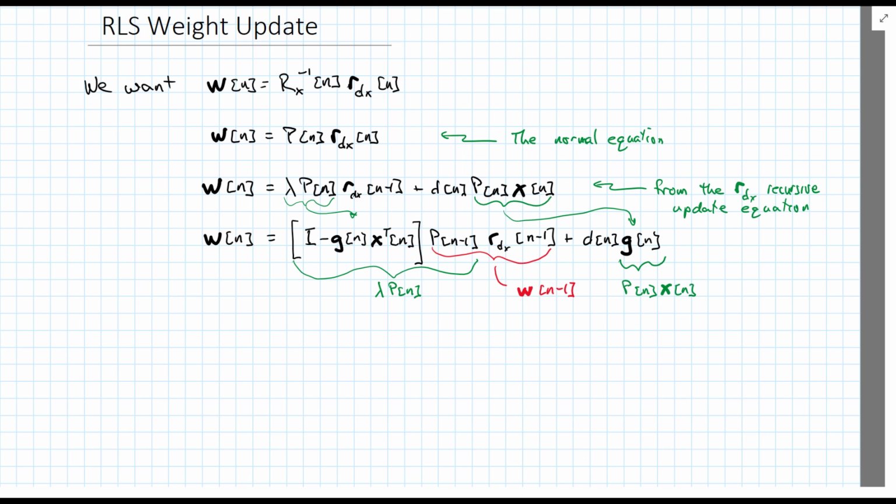Okay, we can put all this together. Let's see, what's that going to give us? We'll have the easy part. Wn stays there on the left side. And now we have Wn minus 1 times I, which gives us Wn minus 1 out front.